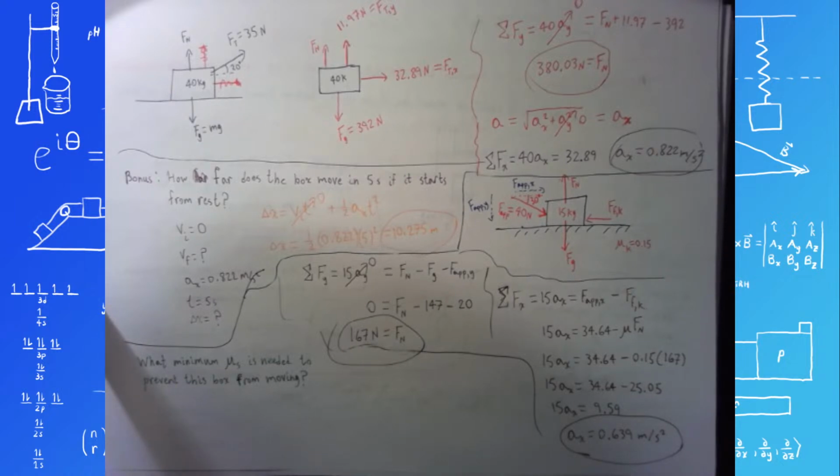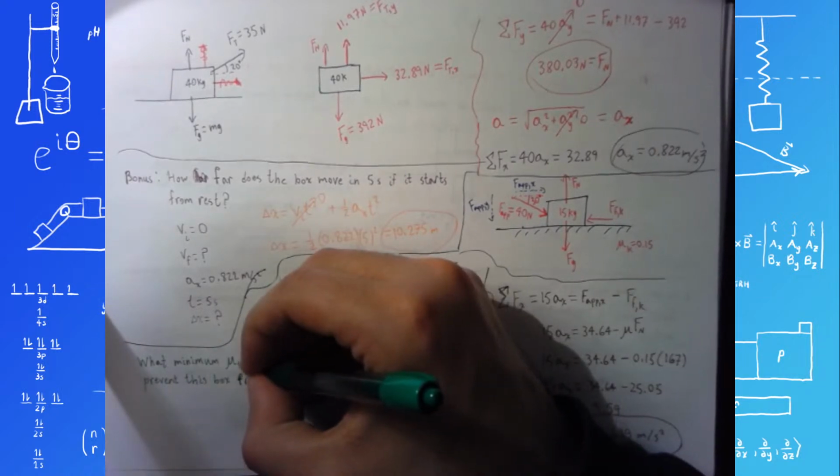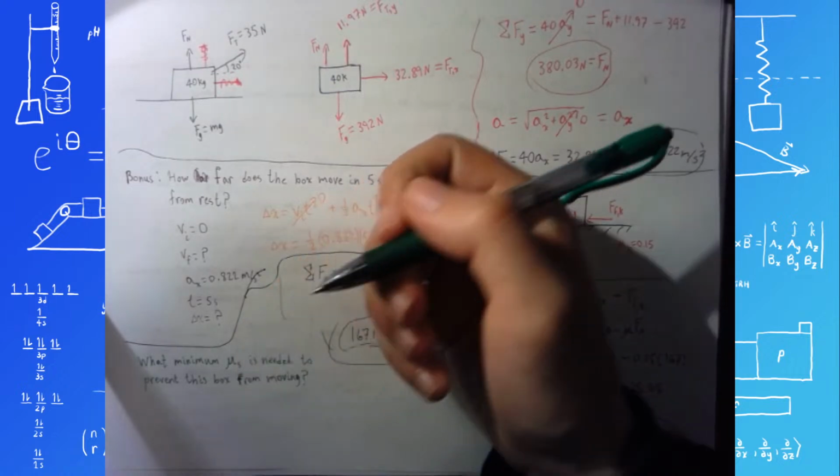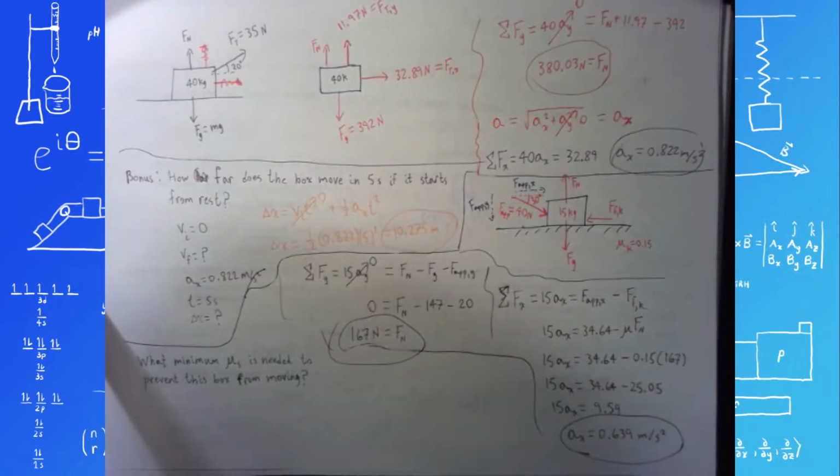What maximum coefficient of static friction is needed to prevent this box from moving? So one way to look at this, I think the better way, and it's not the way that most teachers teach you to do this, is to just do it in the inequality form.